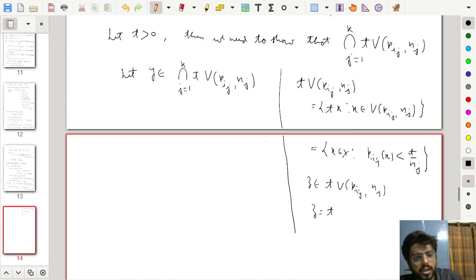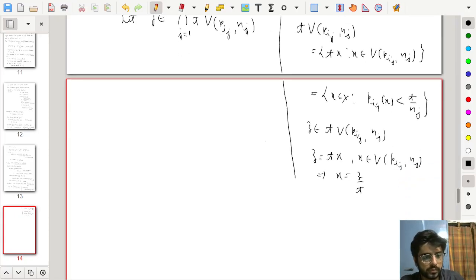Then z equals t times x, for some x in V_{p_{i_j}, n_j}. This implies x equals z/t, so p_{i_j}(x) is strictly less than 1/n_j, but this is nothing but p_{i_j}(z/t) is strictly less than 1/n_j.